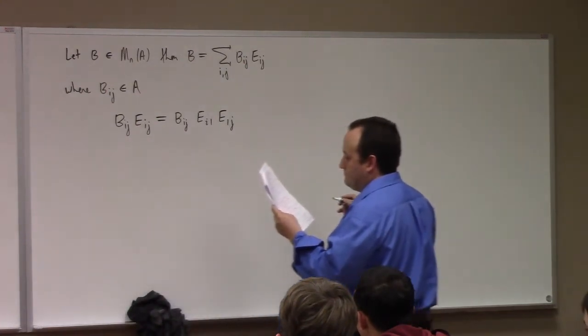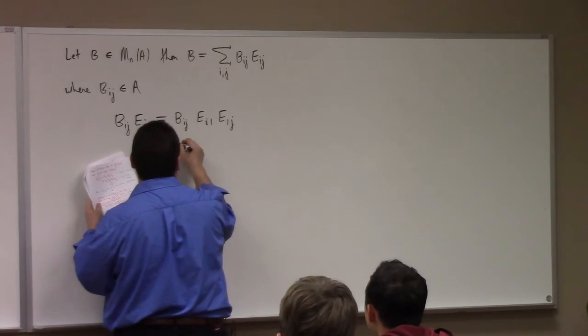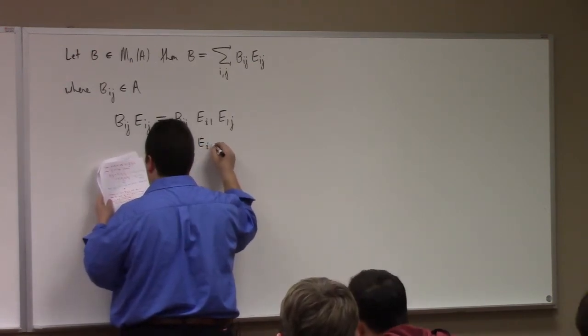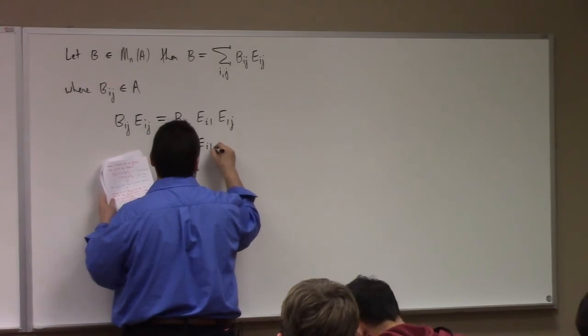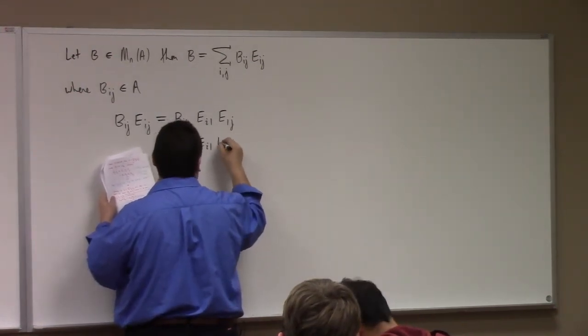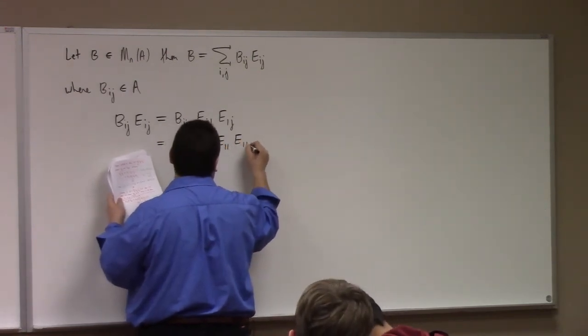Then another sneaky step: leaving Ei1 alone, I'm going to rewrite E1j as E11 E1j.